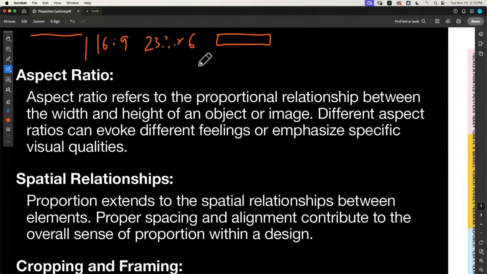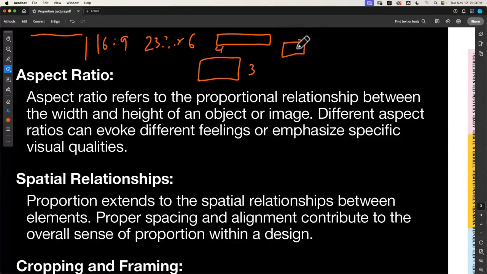Old TVs used to be 4 by 3. So it was just outside of a square. Speaking of aspect ratios, historically, the reason it was 4 by 3 is when they were inventing the film strip, somebody asked what size should it be?